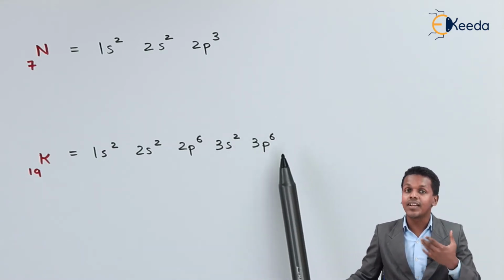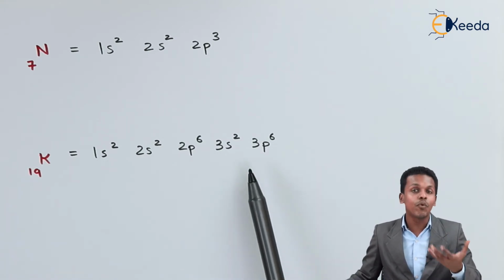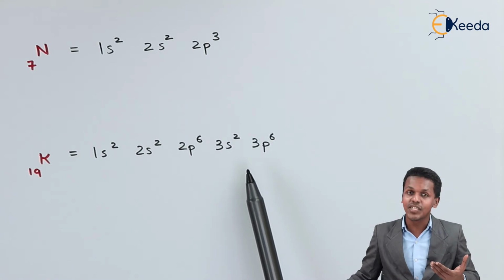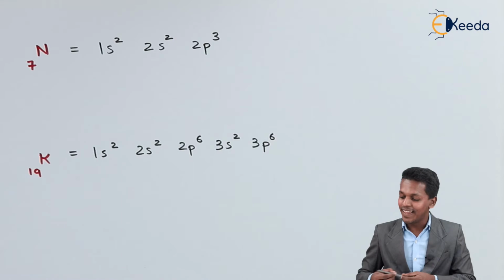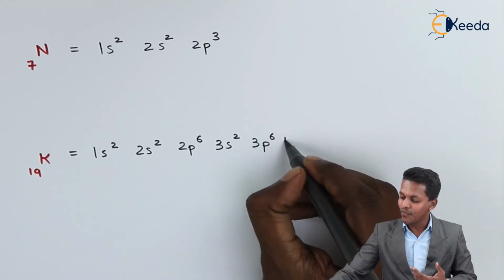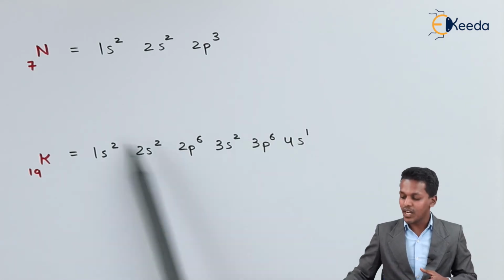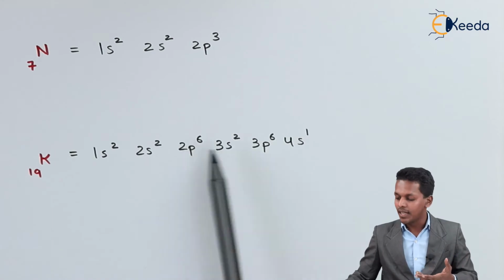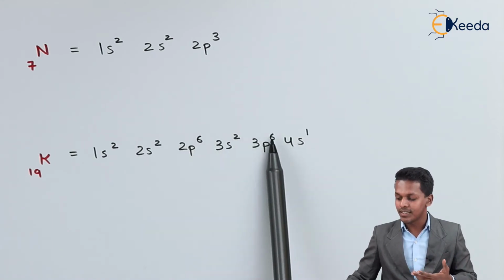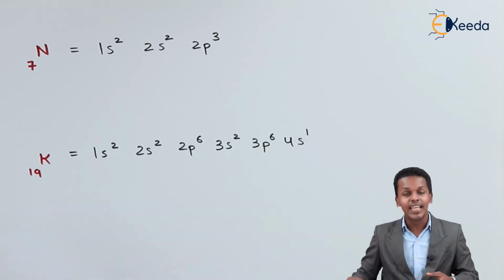After that we can't fill the electrons in the 3d orbital, because the 4s orbital has less energy compared to the 3d. That's the reason we fill 4s1. So if we count the total number of electrons, we get 2 plus 2 plus 6, which is 10, again 2 plus 6, which is 18, plus 1, 19. Therefore, this is the electronic configuration of potassium.